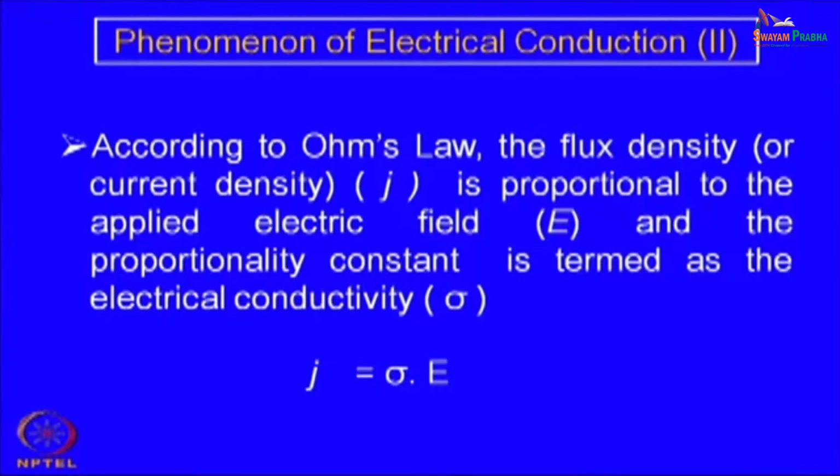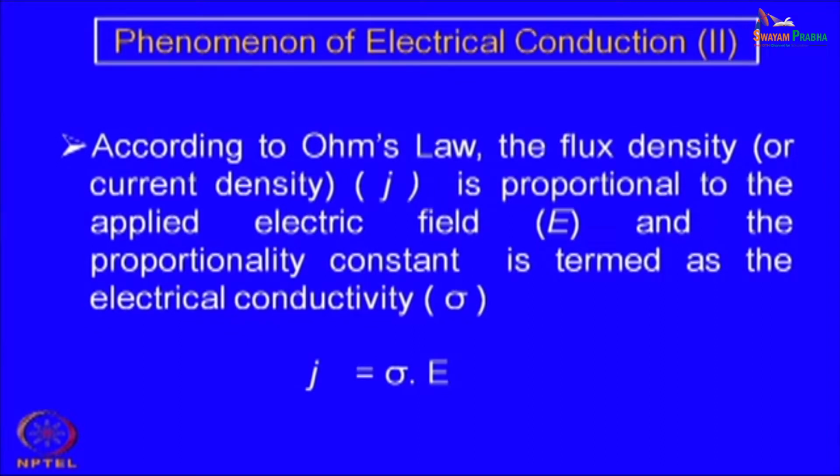According to Ohm's law, which is a basic law governing electrical phenomena, the flux density, or in other words the current density J, is proportional to the applied electric field, and the proportionality constant is termed the electrical conductivity sigma.